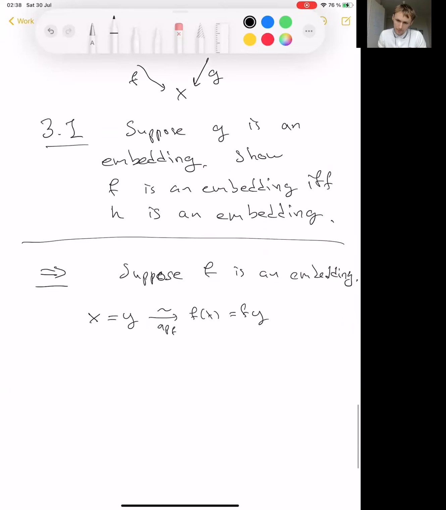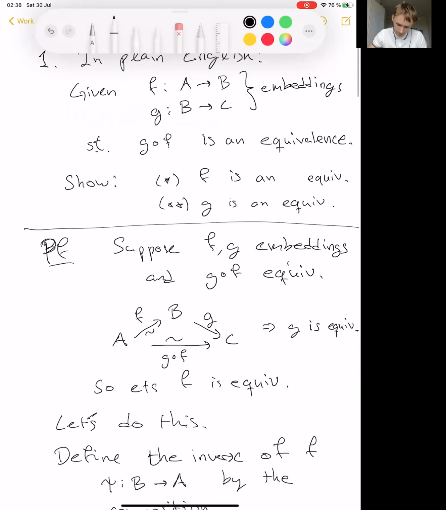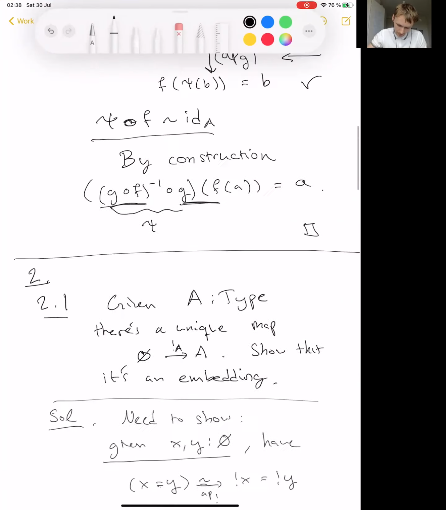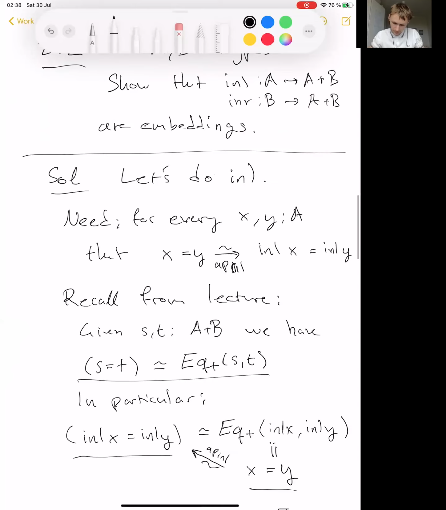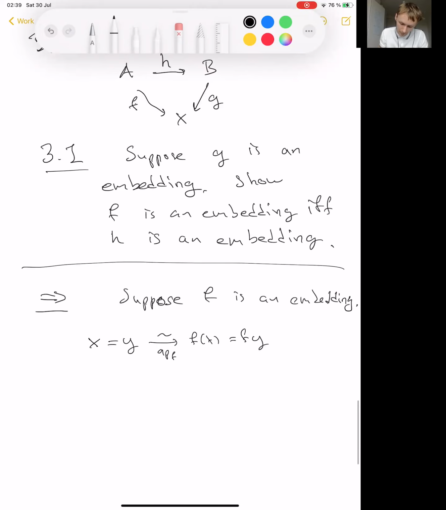Now, recall we have from this commutative diagram that we started with that F is homotopic to G composed with H. That's by assumption.